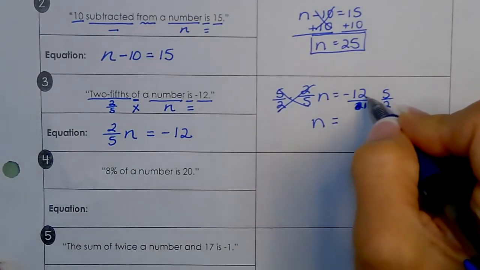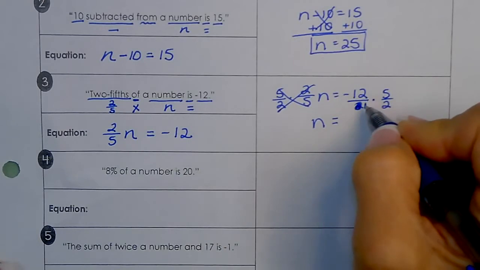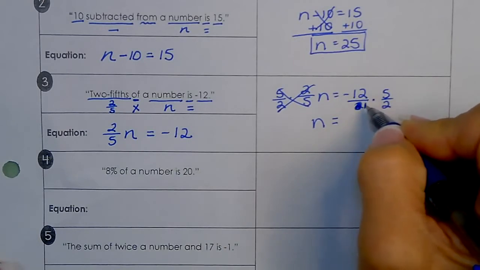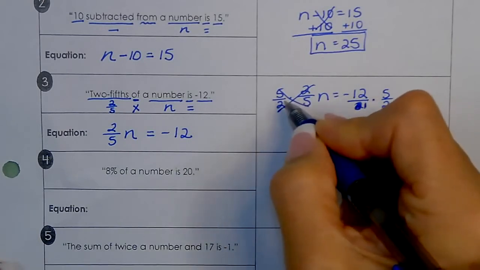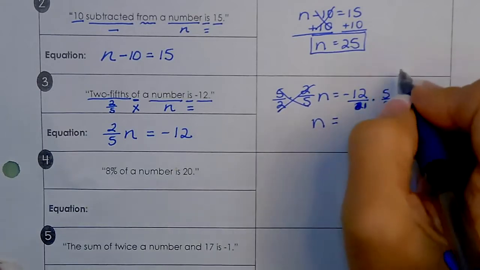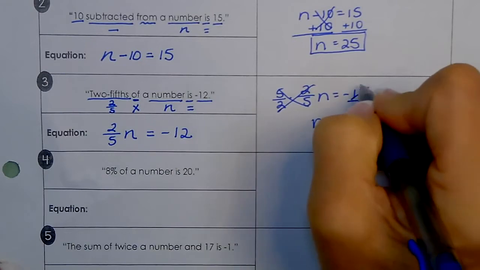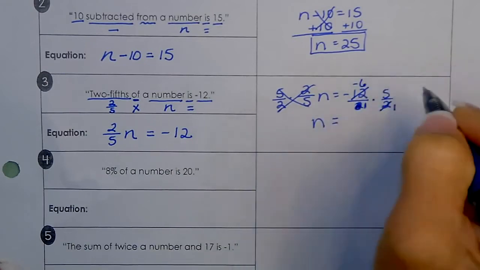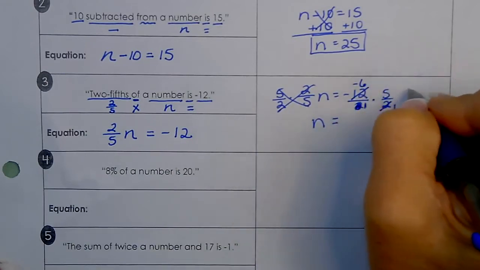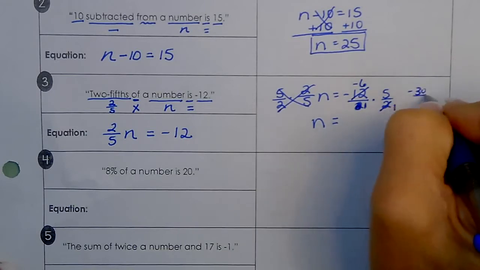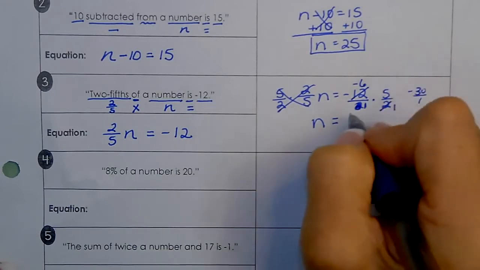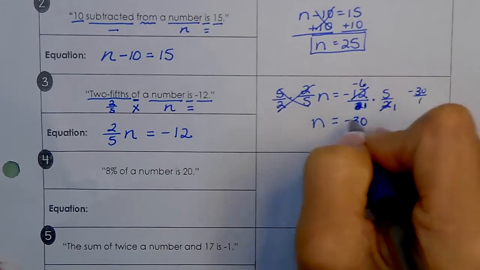So I just turned my -12 into a fraction by putting it over 1, and I'm multiplying it by 5/2, so that I'm doing the same thing on both sides. So I can divide this by 2 and divide this by 2. When I multiply, I get -30 over 1, which equals -30.